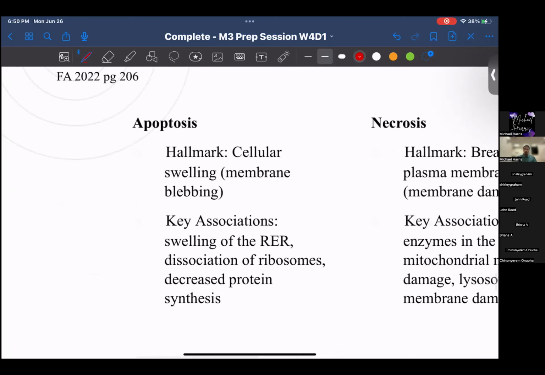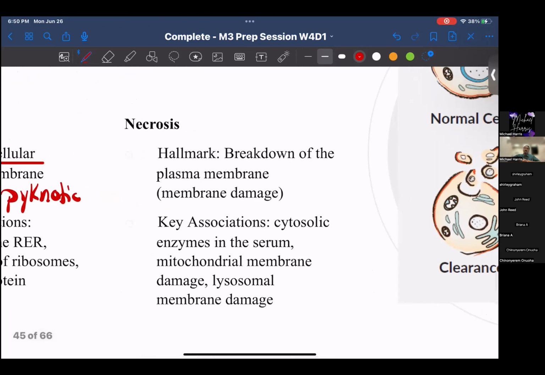Now, cellular swelling, apoptosis. The cell gets big, but the nucleus gets small. Pycnotic nucleus. Okay, I'm going to show you an image of that. Okay, versus necrosis, they just rupture open, releasing all of their debris, and you get inflammation.